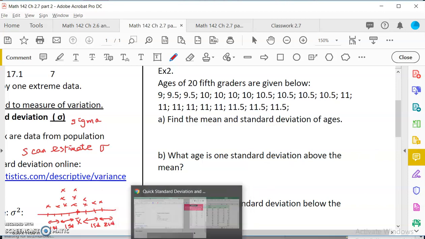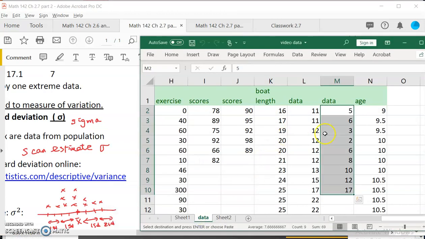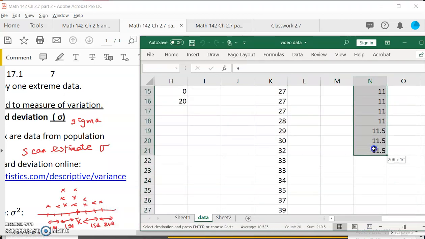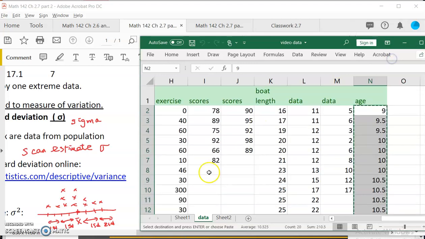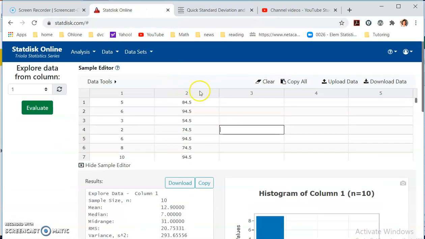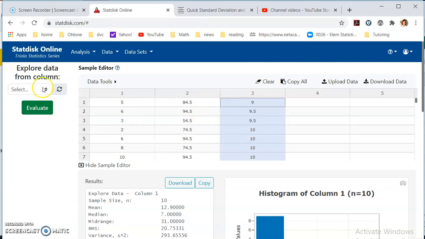Do I have those in my data set? Yeah, I have the age here. So I'm going to copy it, and then put it in the stat tool to calculate. Put it in column 3 and then use this to do column 3, explore data.